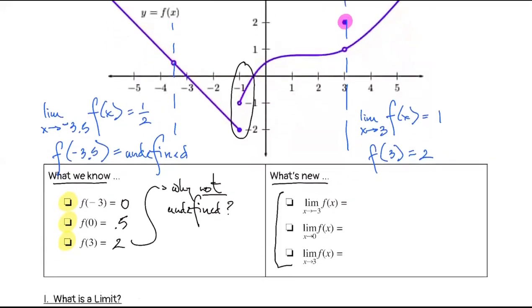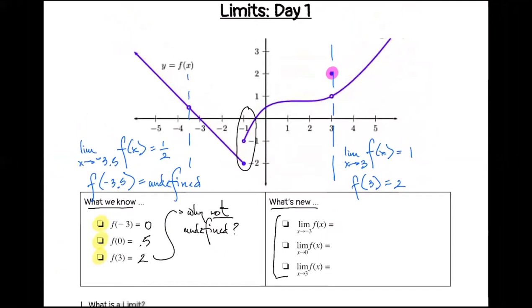And so maybe as a quick check-in before we move on, we didn't answer all of these what's new questions. And so I wonder if we can take a moment, look at this graph, okay? And see if we can answer those 3 questions under what's new.